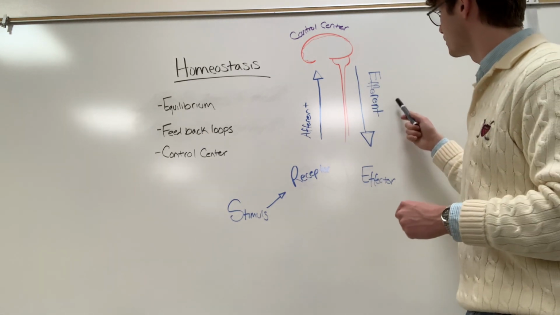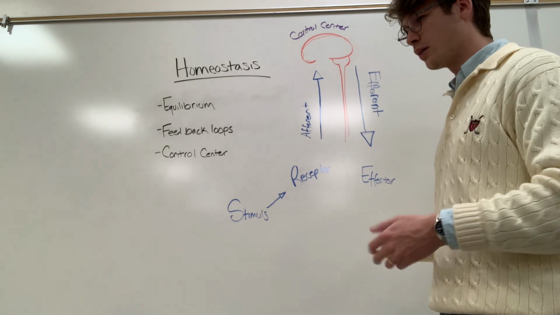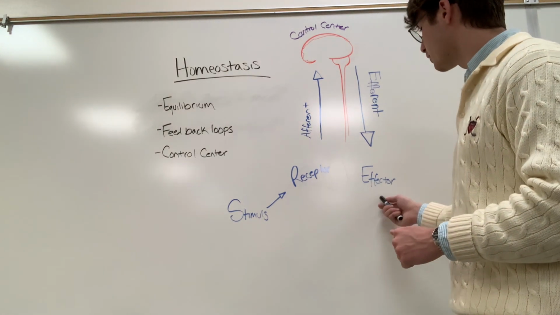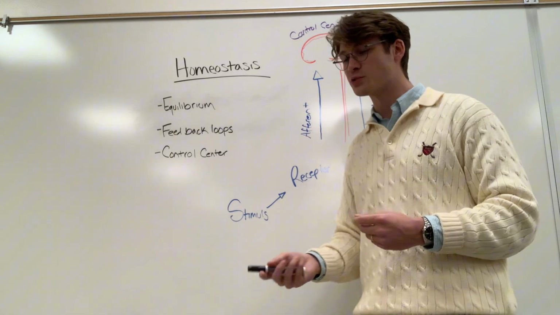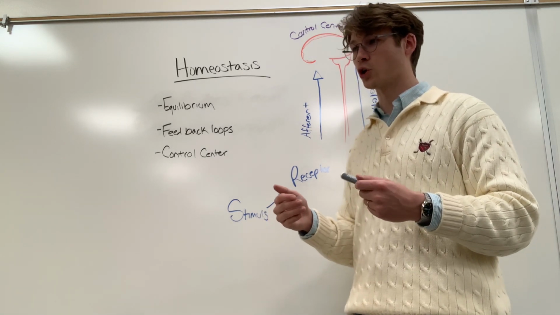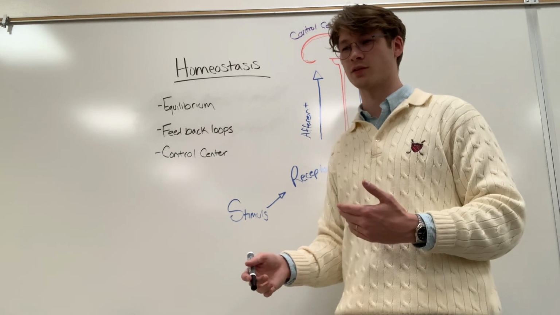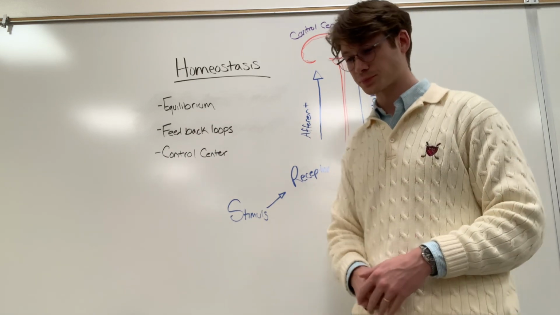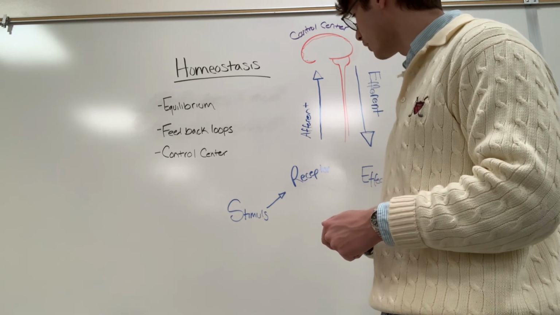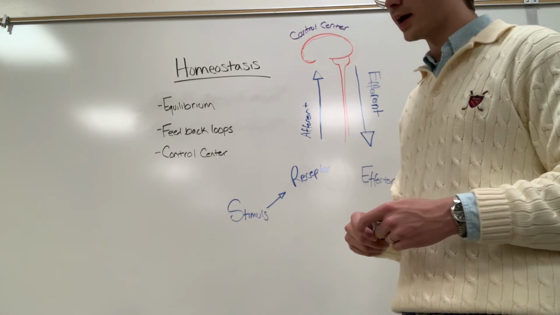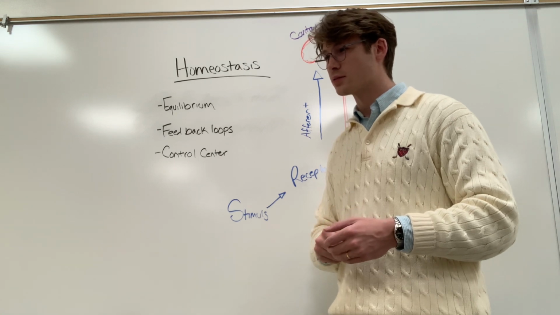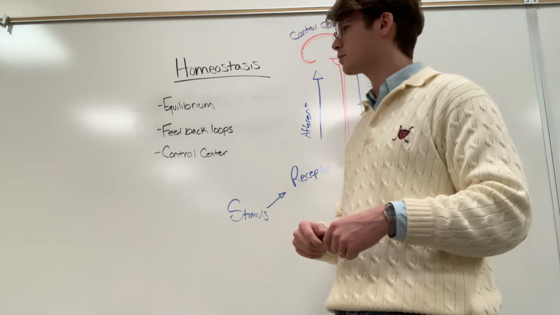That's easy to remember because efferent and effector sound similar. The effector is the means by which our bodies can correct the deviation from what we prefer. Our body temperature has a preference to stay at, I think, 97.8, around there.